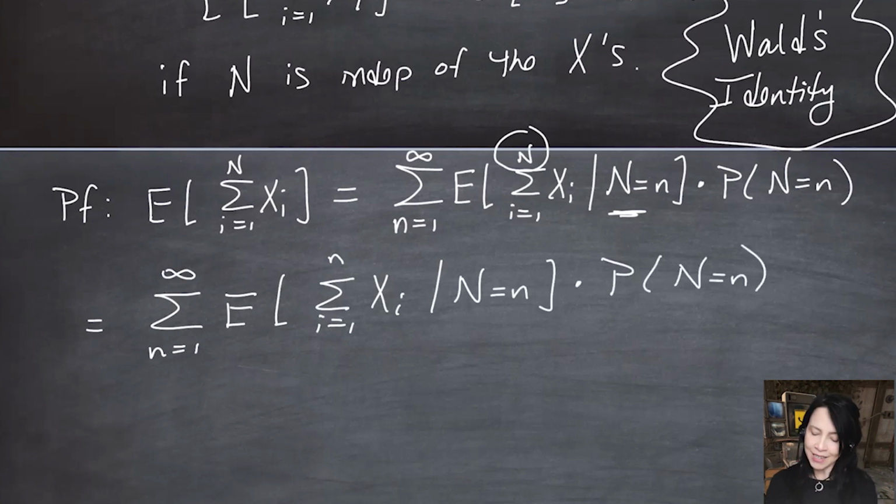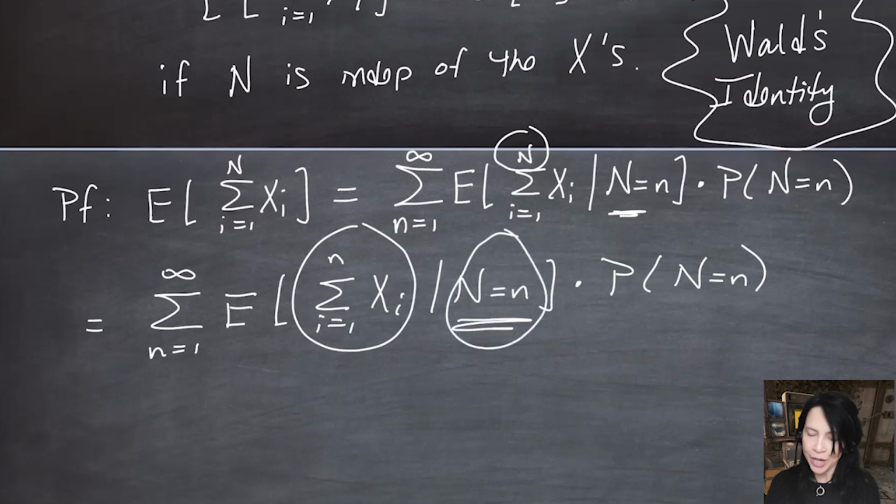Just because I've used up the information that capital N equals little n does not necessarily mean I'm done with this information, but it does here because I'm assuming that N is independent of the X's, X1, X2, X3 on up. So right now I've got some random stuff over here that does not depend on N, and some random stuff over here that does not depend on anything over here.